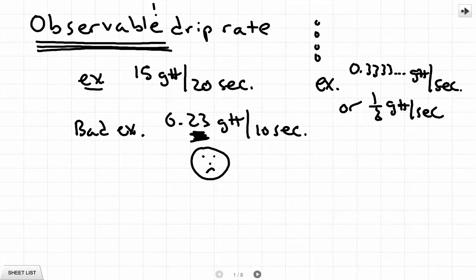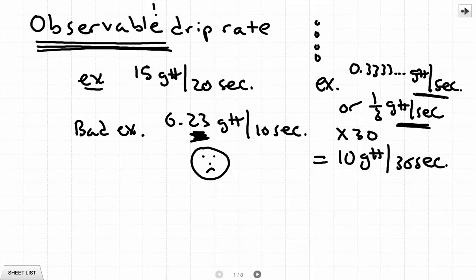And we might be able to augment that. So for example, if I multiply this by 30, what I'll get is 10 drops in 30 seconds. So we're going to take these unit drip rates, the number of drops per second, and change them into observable drip rates, some number of drops in a fixed unit of time that is easy to observe. So that's the goal here when working with drip rates.